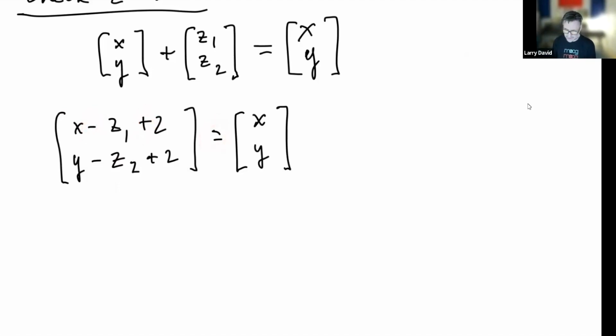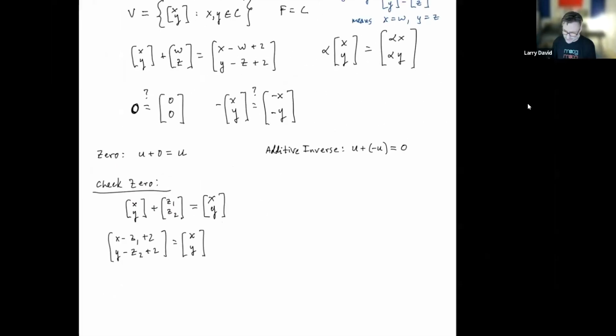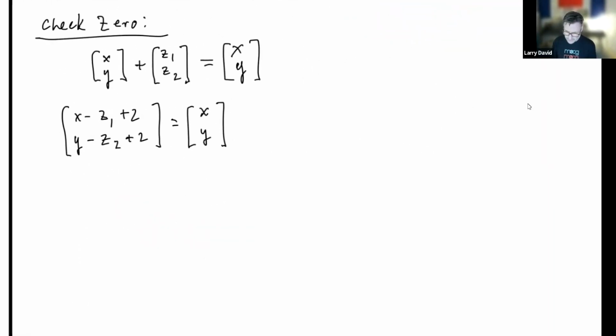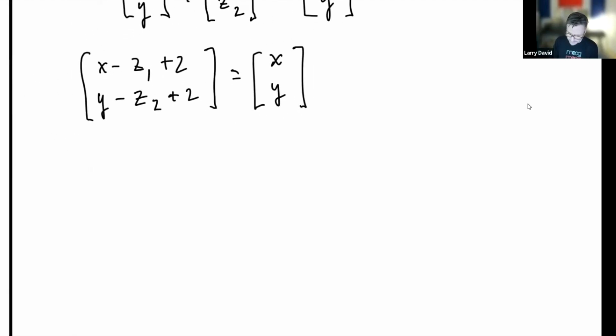And now we use the definition of equality of vectors that we reviewed up here. So we basically just set each of the corresponding entries equal to each other. So this entry has to equal this one, and this one has to equal this one. So the first entries have to be equal, and so do the second entries.